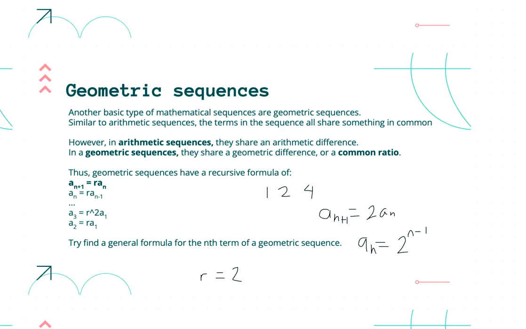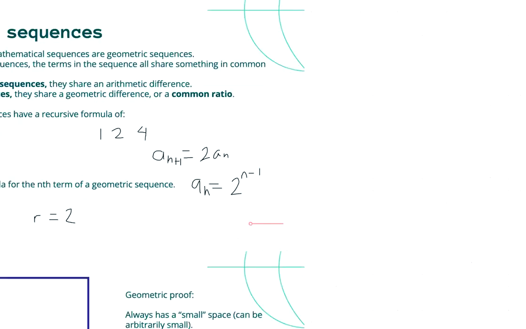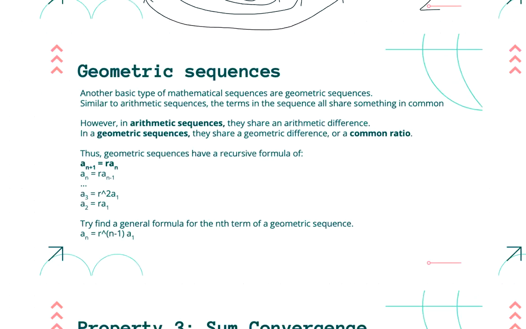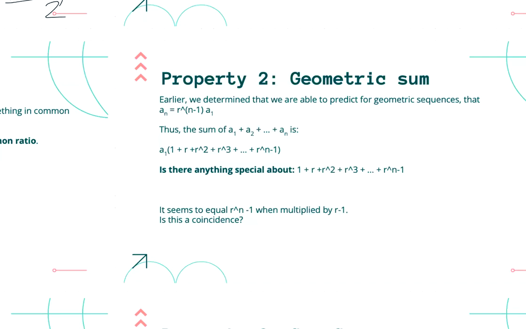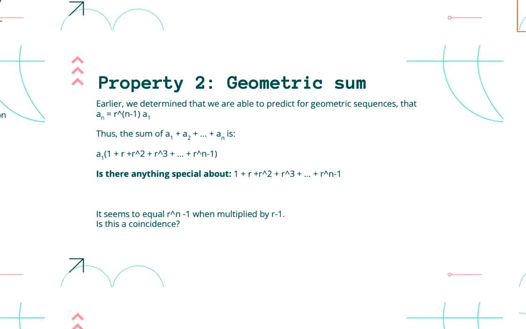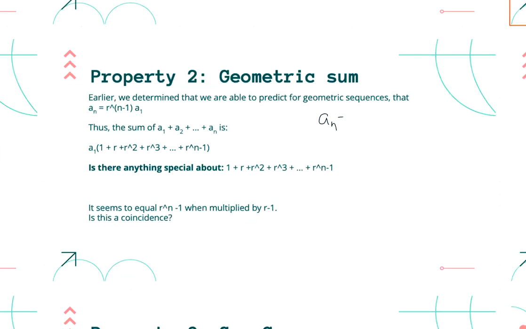Okay. So we are now able to call our general term r to the power of n minus 1 times a1, for whatever we set a1 as, right?